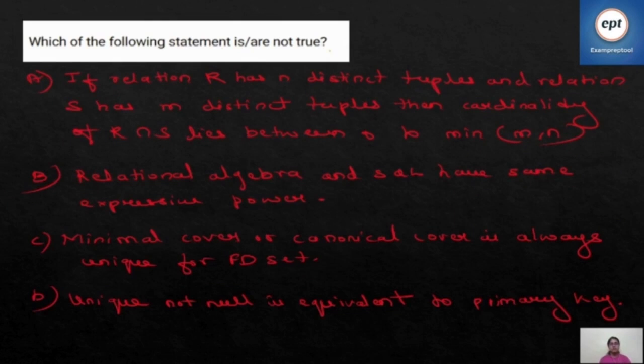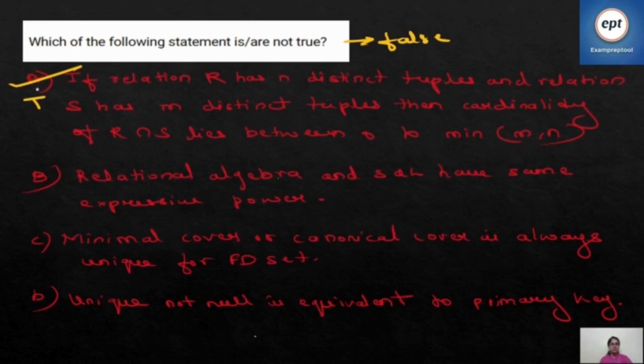Which of the following statements are not true? Option A. If relation R has n distinct tuples and relation S has m distinct tuples, then the cardinality of R intersection S lies between 0 to minimum of m and n.